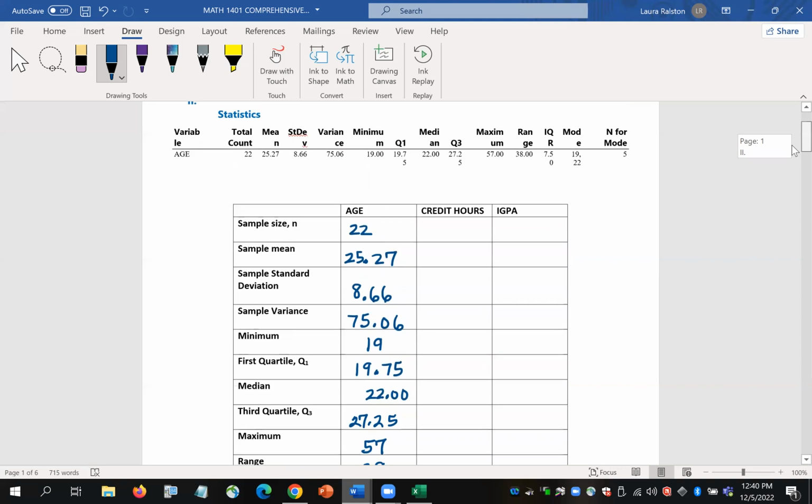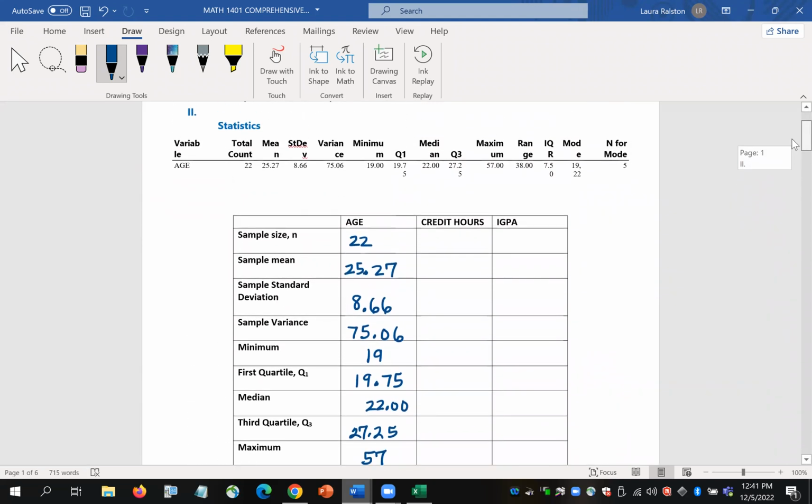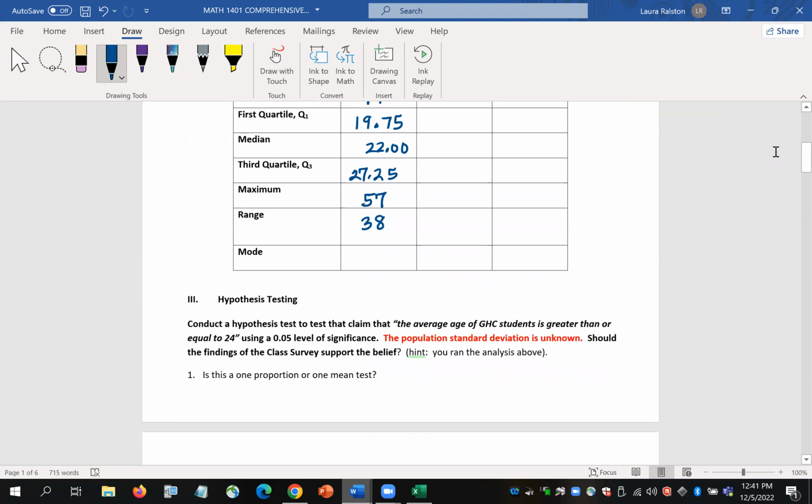The IQR is 7.5. Oops, didn't ask me for IQR. The mode, it looks like I had two different values. My mode was 19 and 22. It is okay to have two modes. Remember, we've talked about how you can have two.